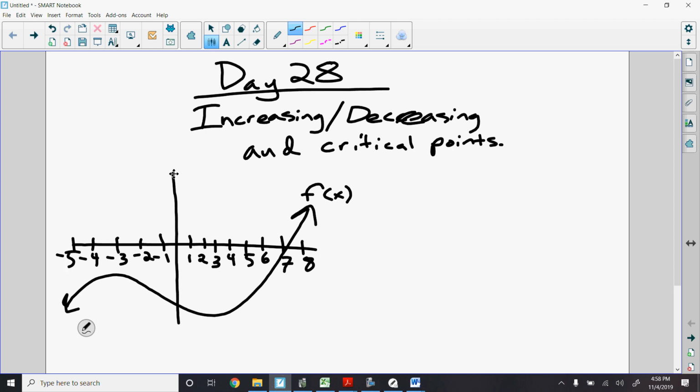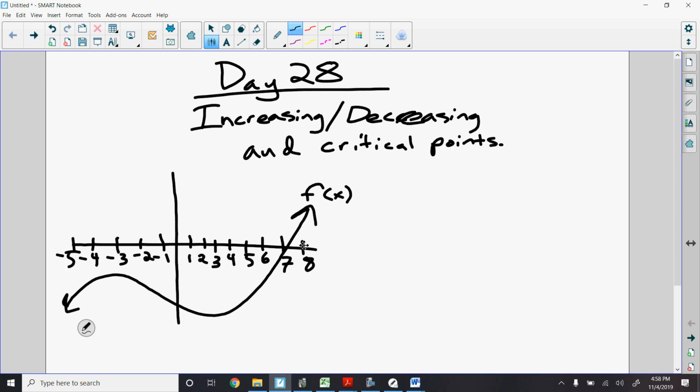To figure out when f is increasing or decreasing here, I can tell by looking at f and seeing, is f going up or is f going down? We can see that it switches. Starting on the leftmost arrow over here, f is increasing, then f starts decreasing, then f starts increasing again.